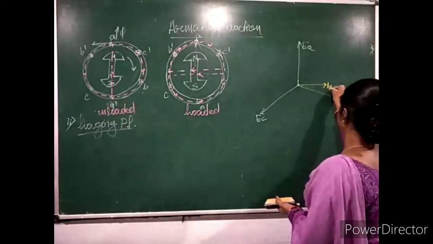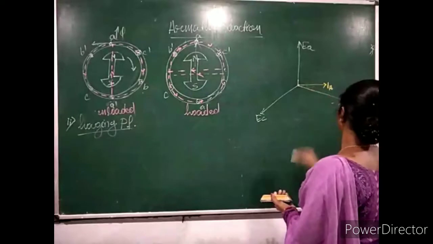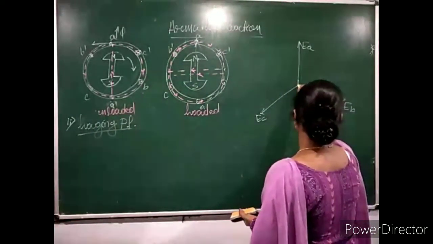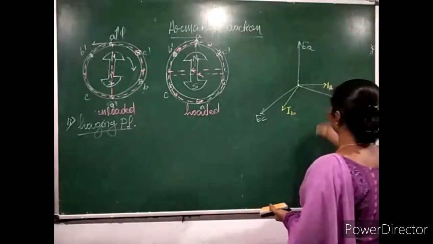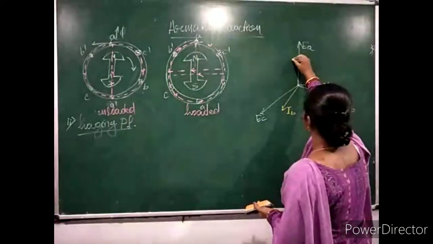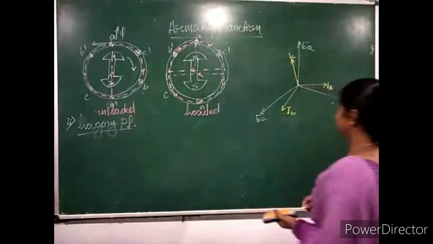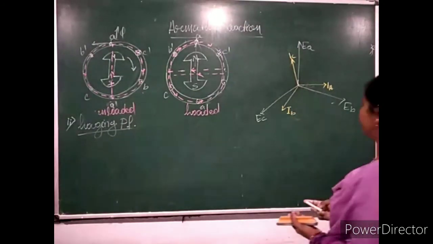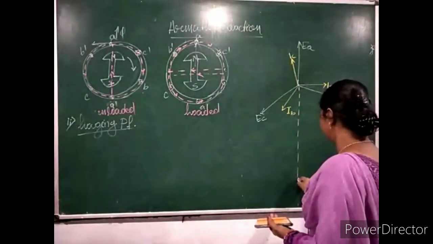This is IA for phase A. For phase B, this one is IB. For phase C, this one is IC. As you know, the flux leads the voltage by 90 degrees.